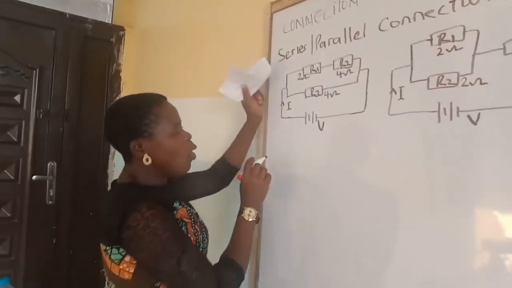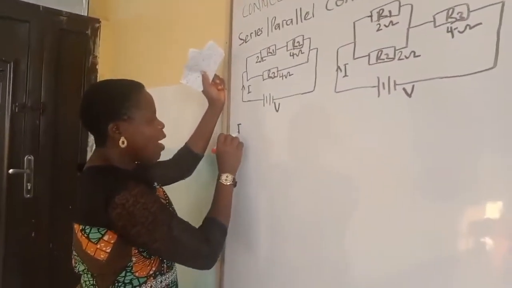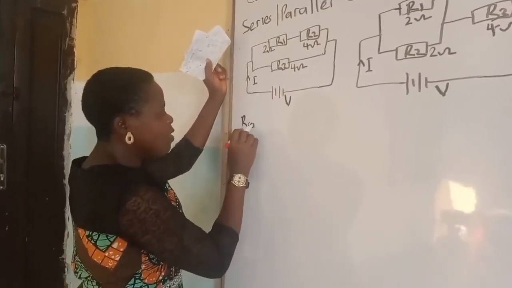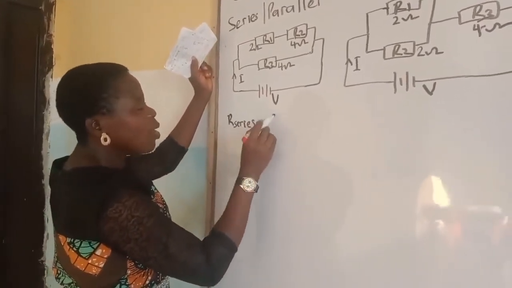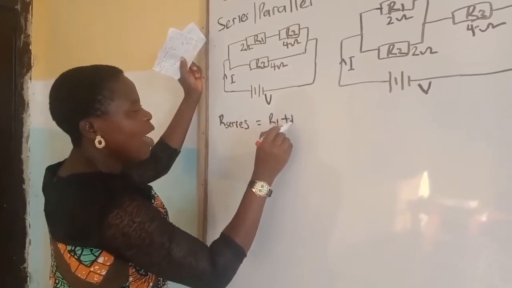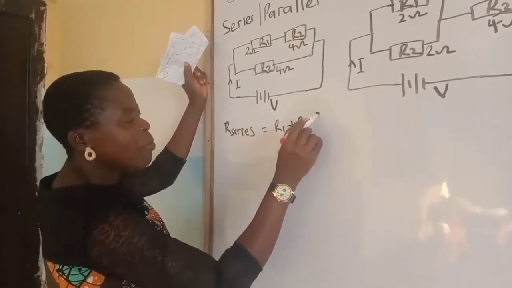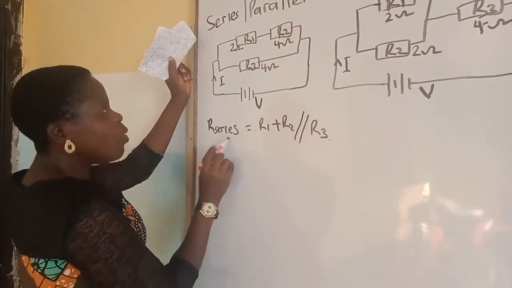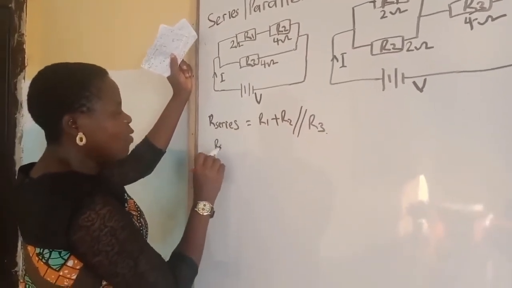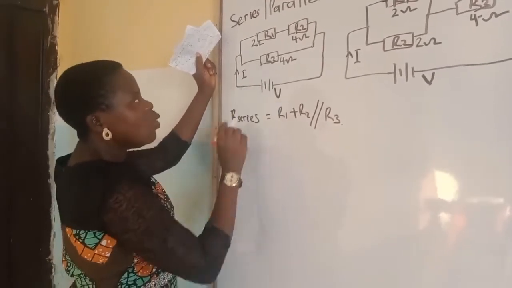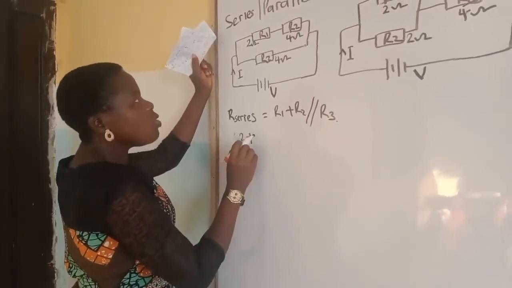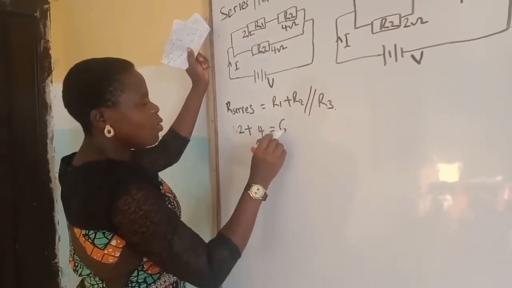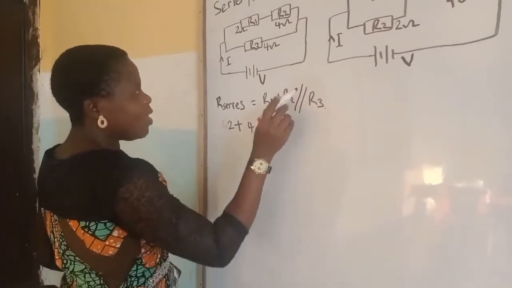So our rule of series will be R series will be equal to R1 plus R2, then in parallel with R3, which means we are going to say our R series, we have 2 plus 4 ohms, which is equal to 6 ohms.